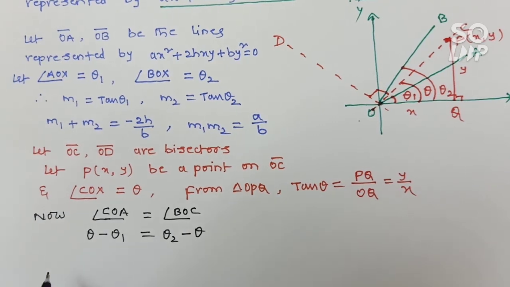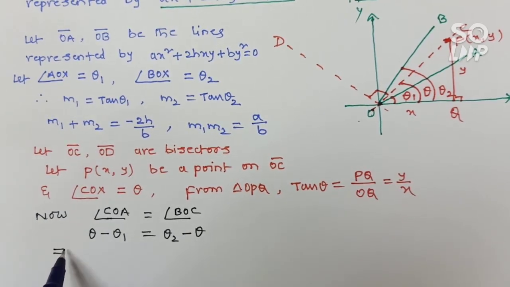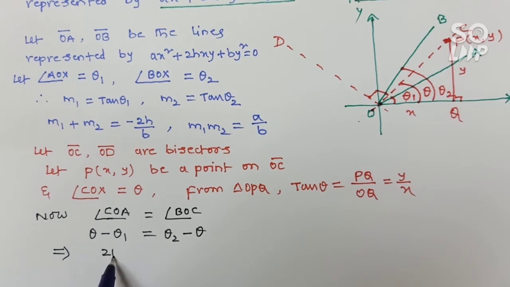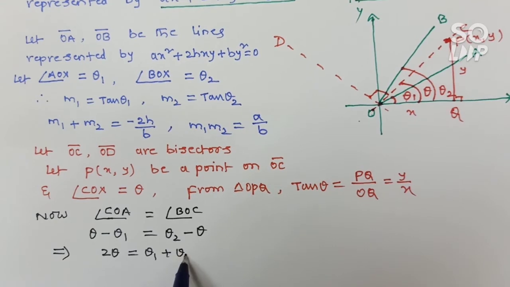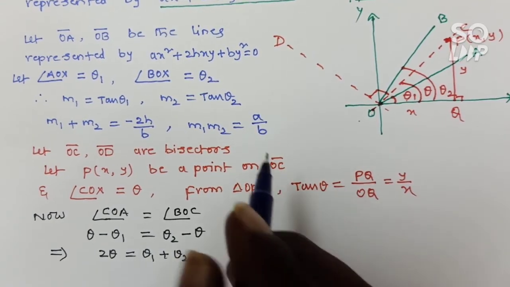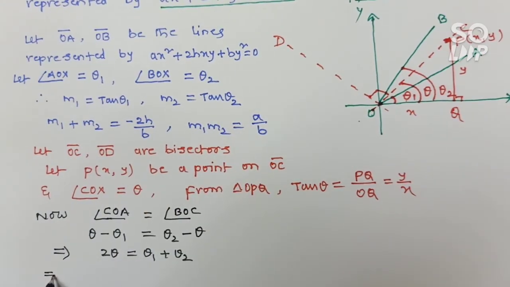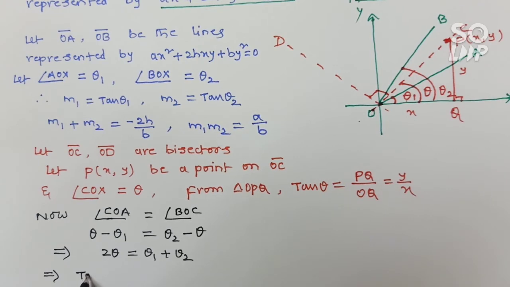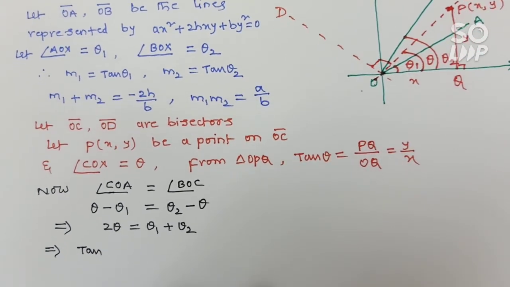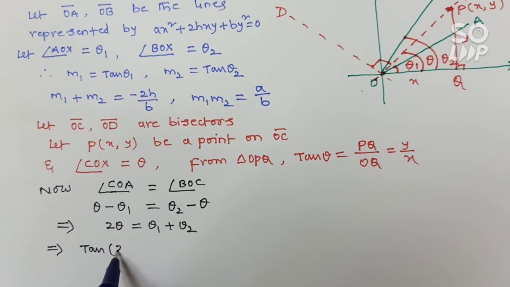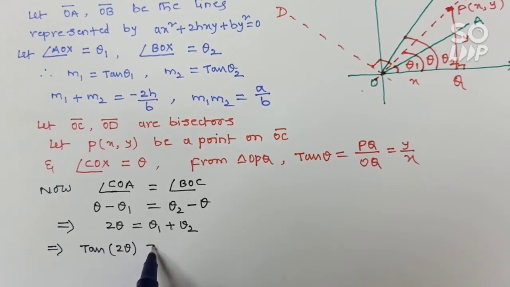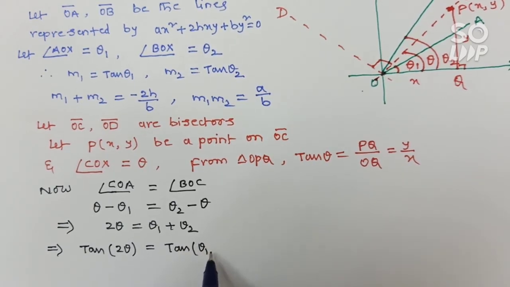Theta 2 minus theta. Now by simplifying this, 2 theta is equal to theta 1 plus theta 2. We know tan theta, tan theta 1 and tan theta 2. So take tan on both sides. So tan 2 theta is equal to tan of theta 1 plus theta 2. Right?